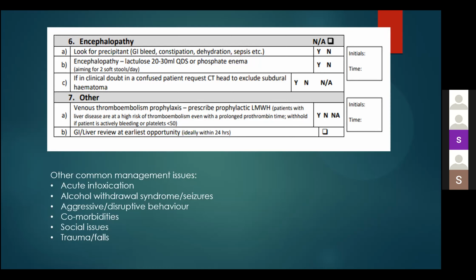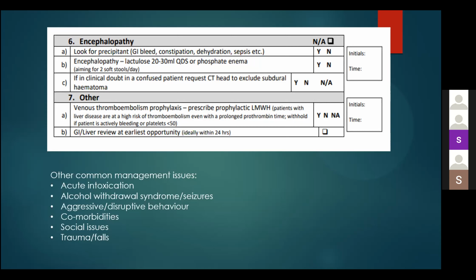They do present with many other difficulties within the department, which we've all had experience with and dealt with probably. They can be acutely intoxicated, which makes not only taking a history difficult, it makes finding encephalopathy difficult. It can mask other symptoms. Like we mentioned, they can have alcohol withdrawal syndrome or seizures.